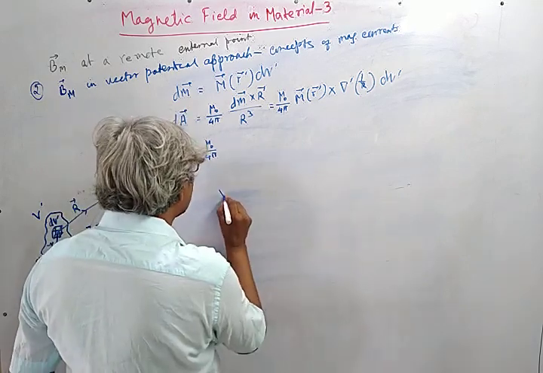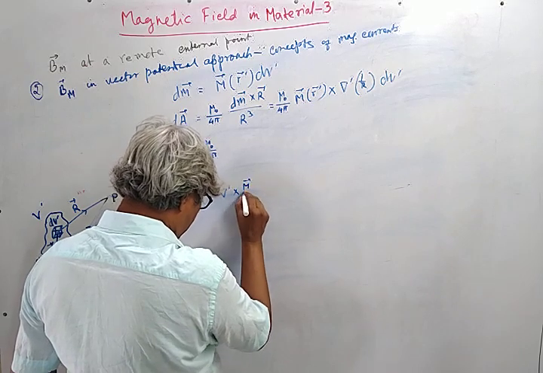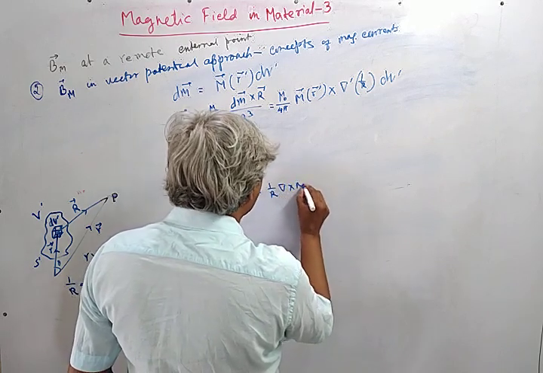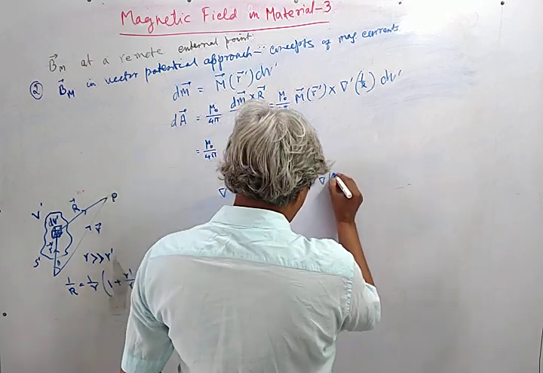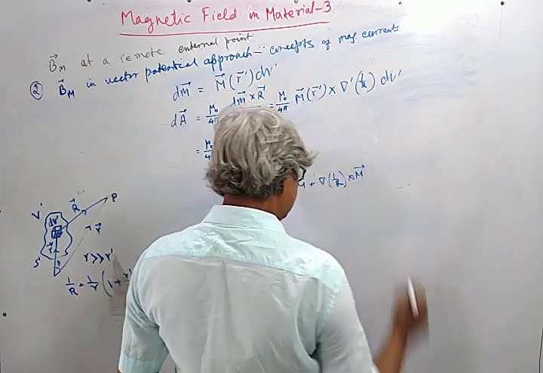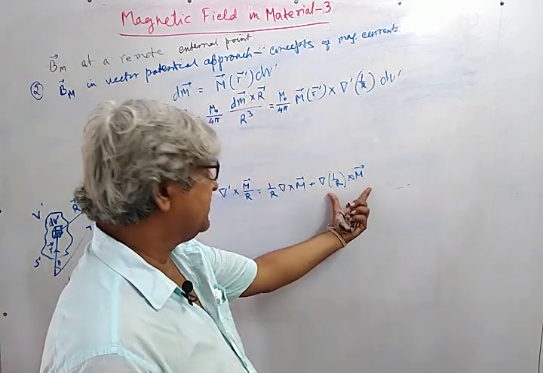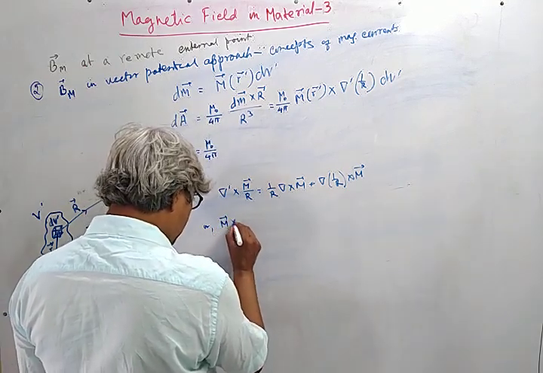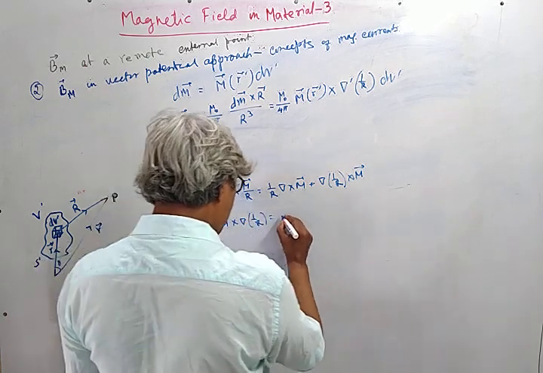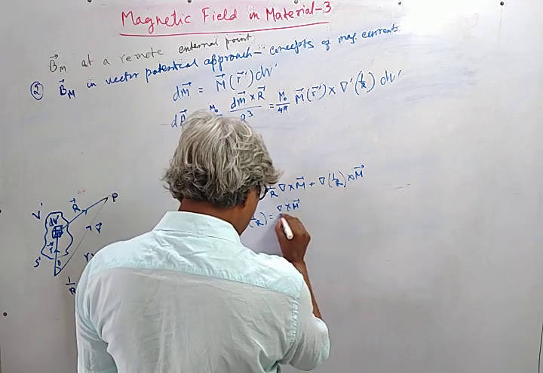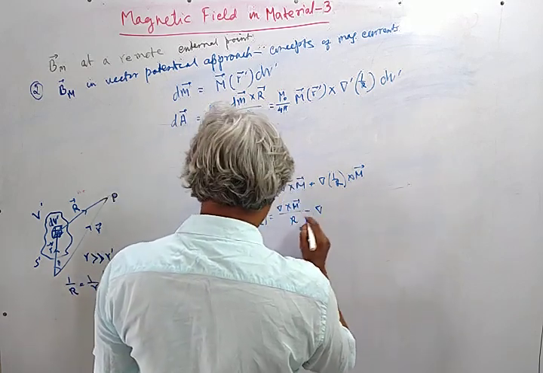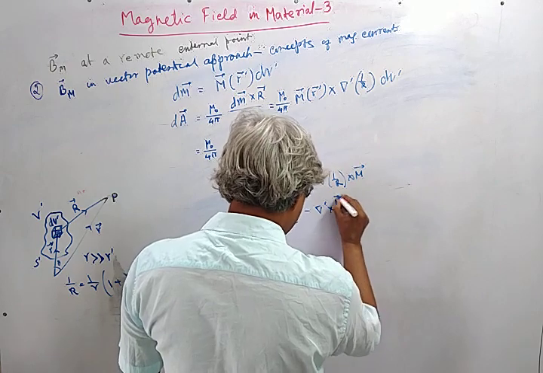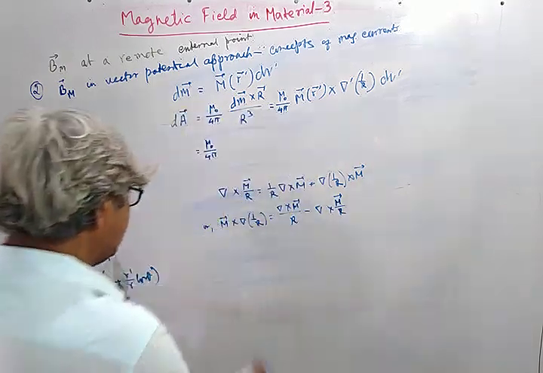Now consider this term, curl of M by r. This is equal to 1 by r curl of M plus grad of 1 by r cross M. Here we have this term in reverse order, so that we can write this is the vector identity.